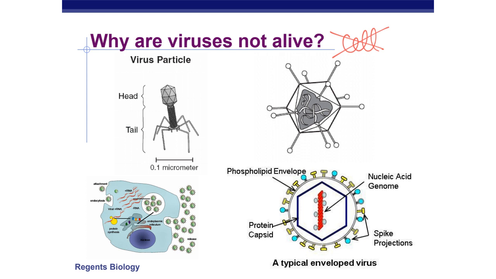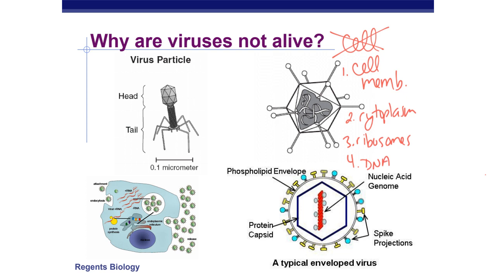Remember the four things that all types of cells had in common, prokaryotic or eukaryotic, it didn't matter: they had to have a cell membrane, they had to have cytoplasm, they had to have ribosomes, and they had to have DNA or genetic material, right?